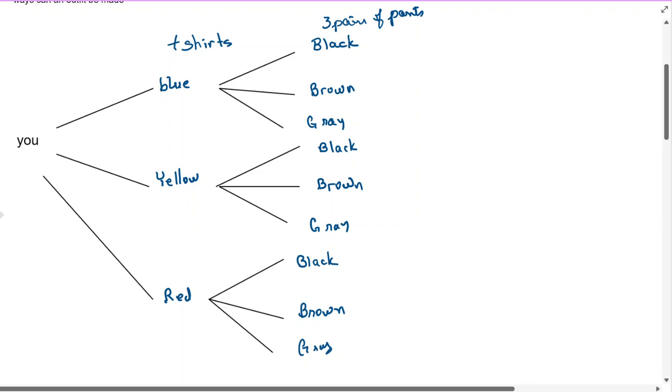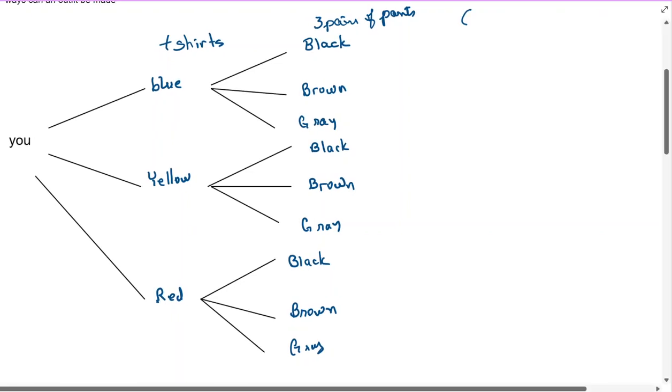So our outfits are t-shirts and pants. All right. So our first possibility of choice is blue for the t-shirt and black pants. Blue for the t-shirt and brown pants.